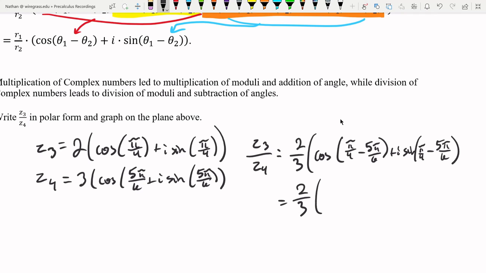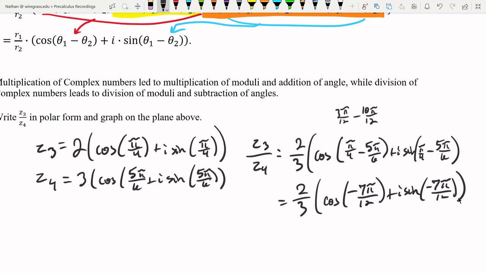Okay, it's the same thing as, of course, 3 pi over 12 minus 10 pi over 12. It's going to give us negative 7 pi over 12. But this is not in the standard angle form. We need to have positive angles for that between 0 and 2 pi.